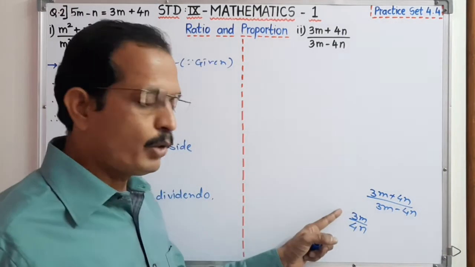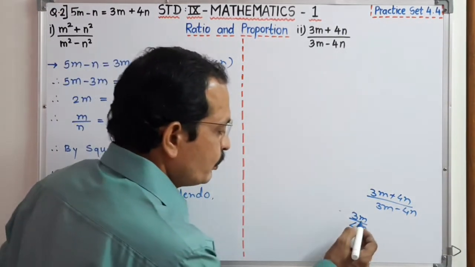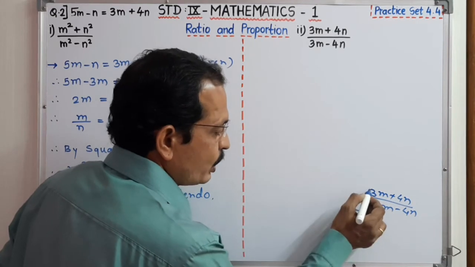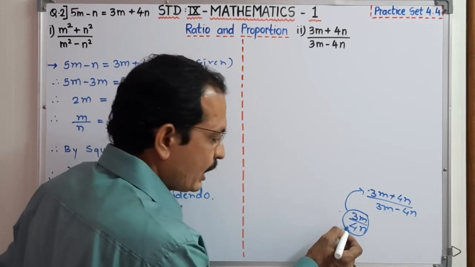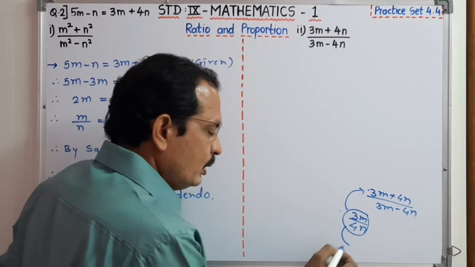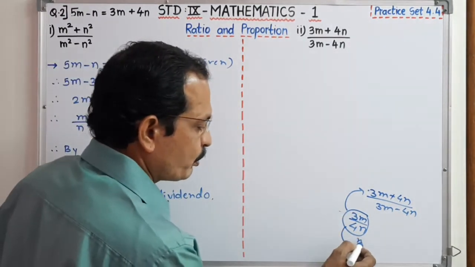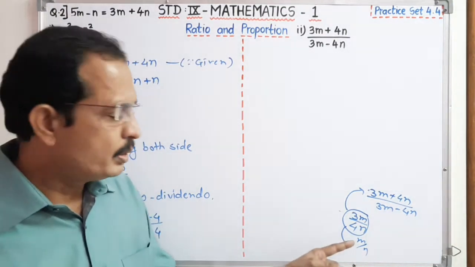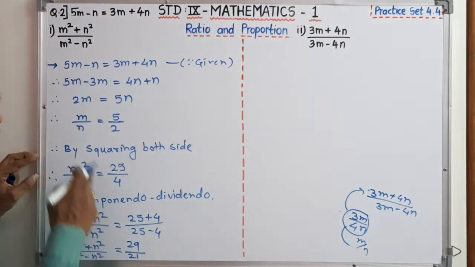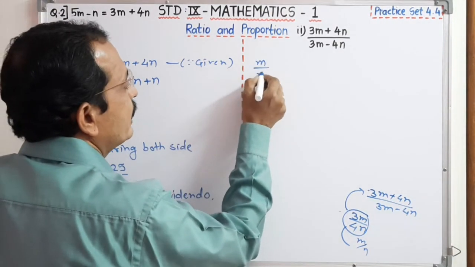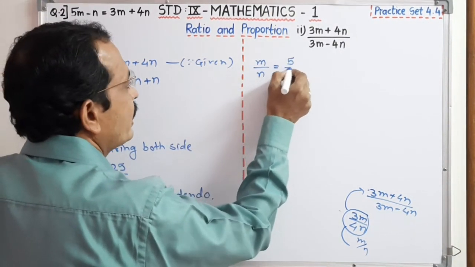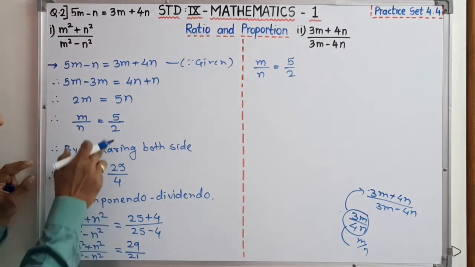Dear student, for getting this, we required 3m upon 4n, and for that purpose we required m upon n. Now dear student, m upon n we have already found out here. Therefore directly we can write m upon n is equal to 5 upon 2. We have already found out that.